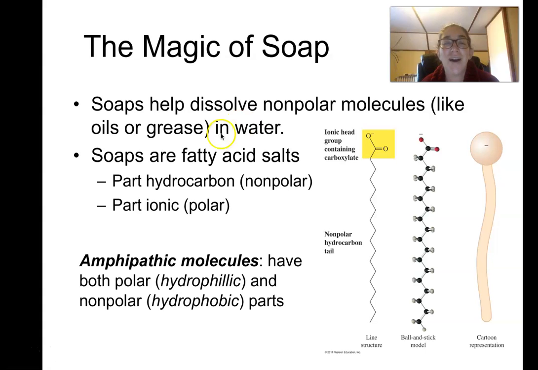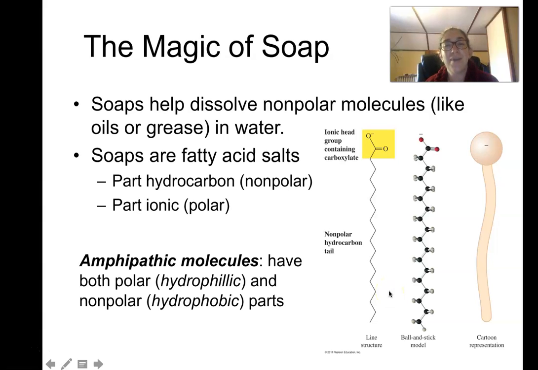So soaps are fatty acid salts. They have this long hydrocarbon tail, which is nonpolar, but then they have an ionic group on the end. And ionic groups are very strong. They're more than polar, right? The ion-dipole bonds are the strongest. So you have this very charged end, and then you have this very nonpolar end.